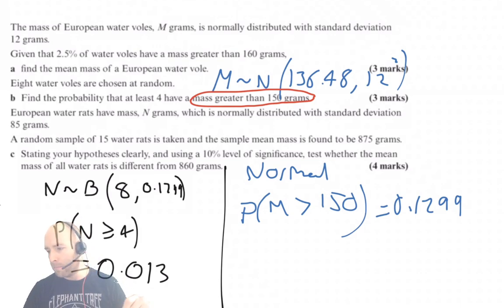Cool. All right. 4 minutes. So state your hypotheses, state the mean distribution, and then test what the critical regions are, and see if our 875 is in the critical region. Right, give it a go. 4 minutes, and then we'll go through it.